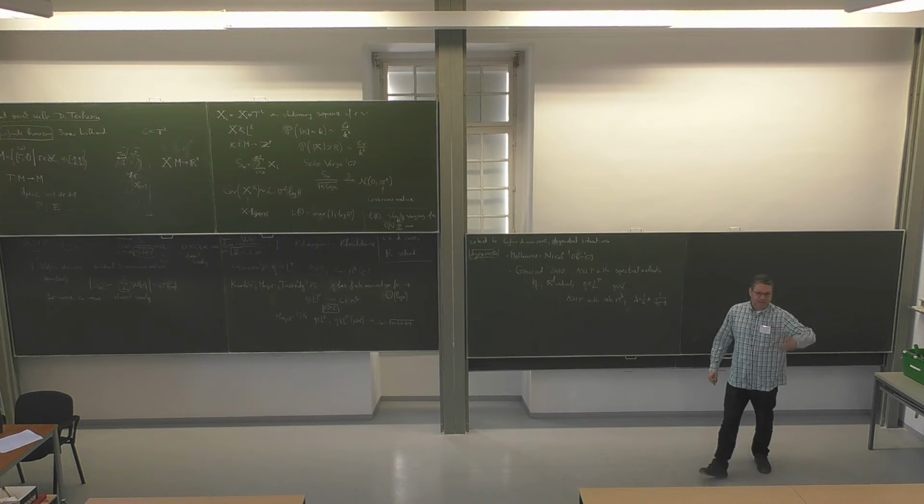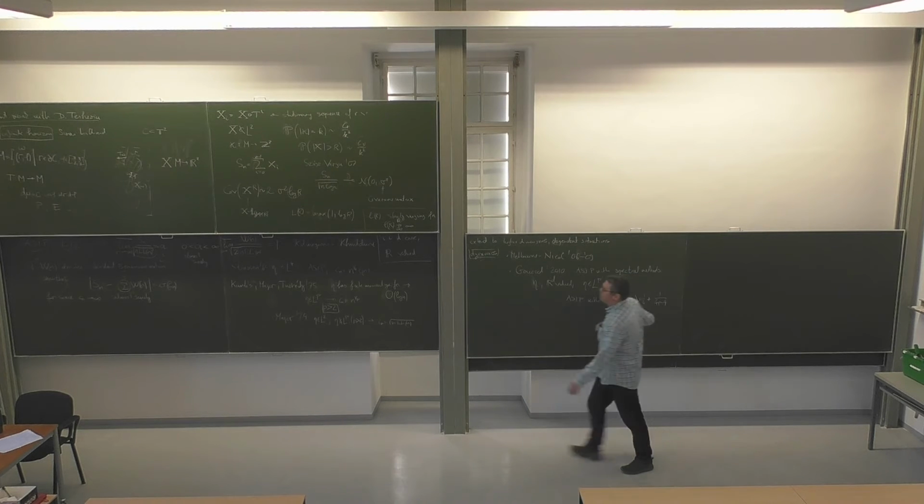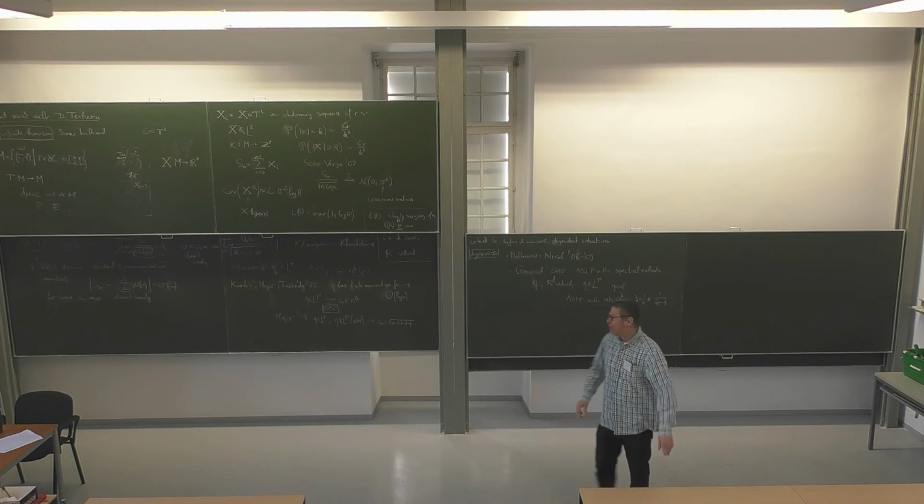So it's getting better and better with p, but it is just Strassen's rate, what he gets in the normal situation.